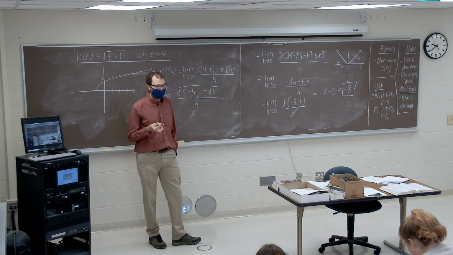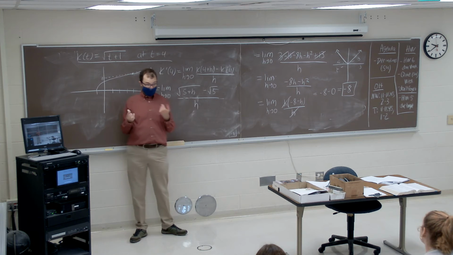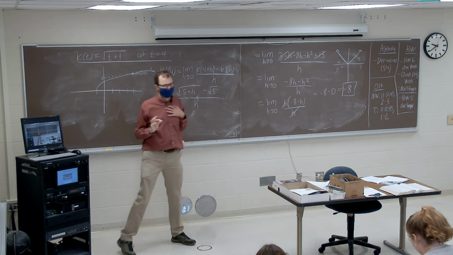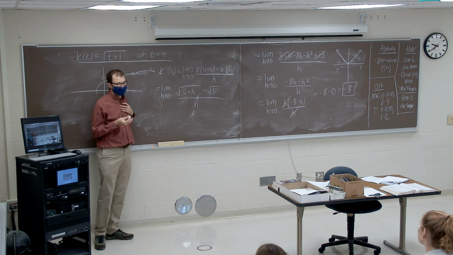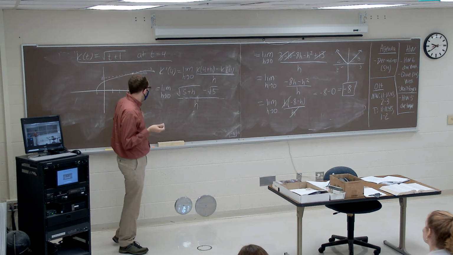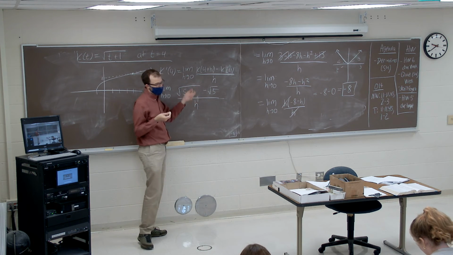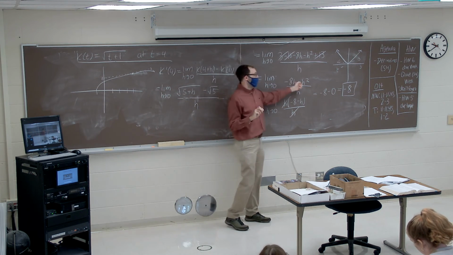Is this something where we could easily factor an h out of our numerator to cancel out with the denominator? No, because the negative square root of 5 doesn't have an h in it. We can't really pull out an easy factor of h here because there's not a nice factor to pull out like there was in this example.